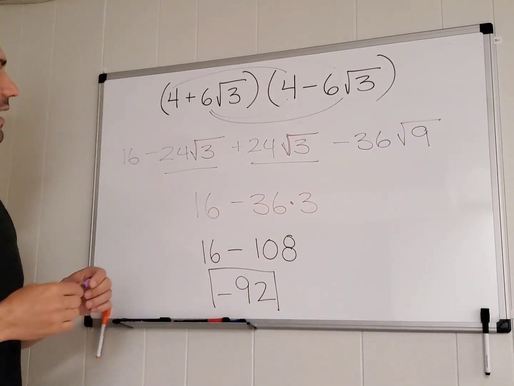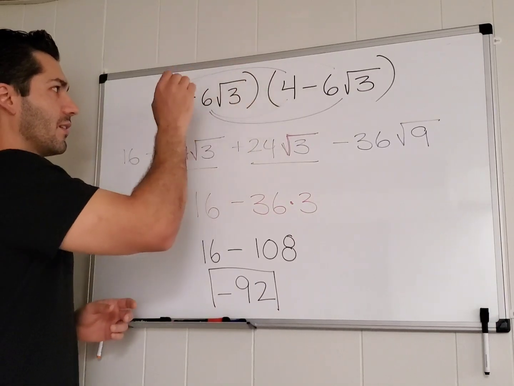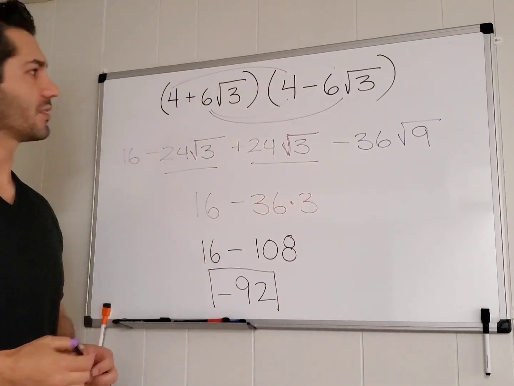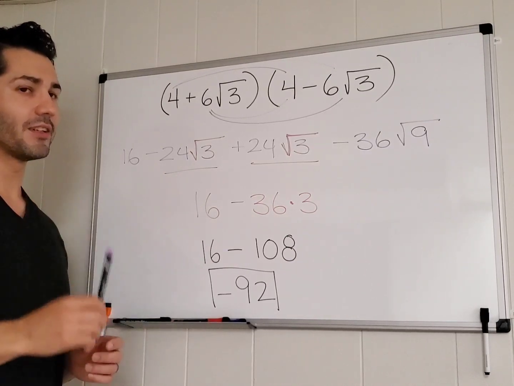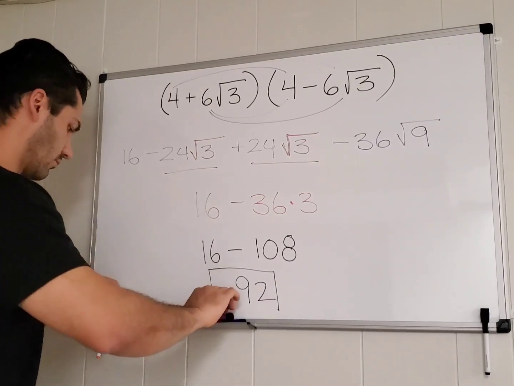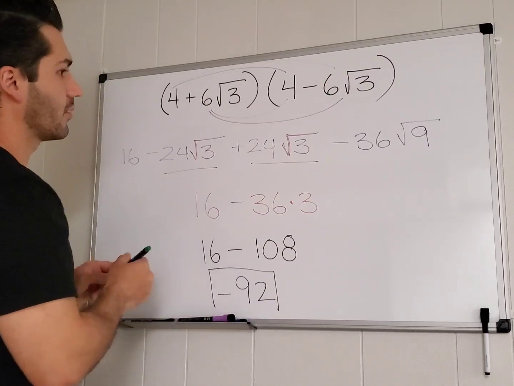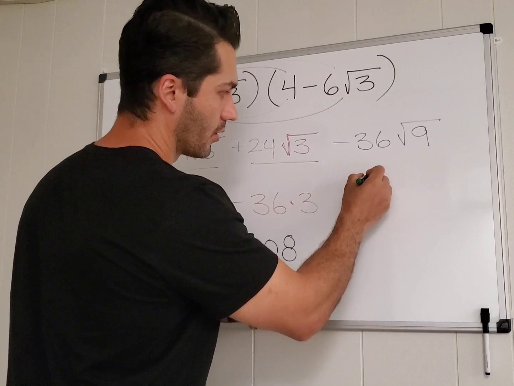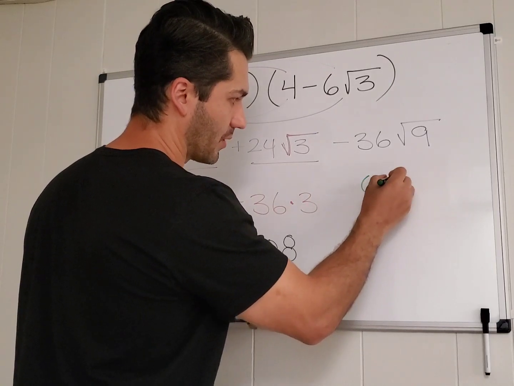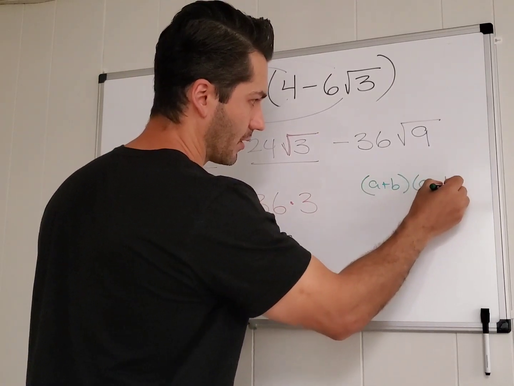And the way you do that is to realize these are conjugates. Conjugates. And can you get the answer a lot faster? You can. So if you remember conjugates, when you multiply conjugates, you get to use the difference of squares. So these are conjugates, a plus b, a minus b.